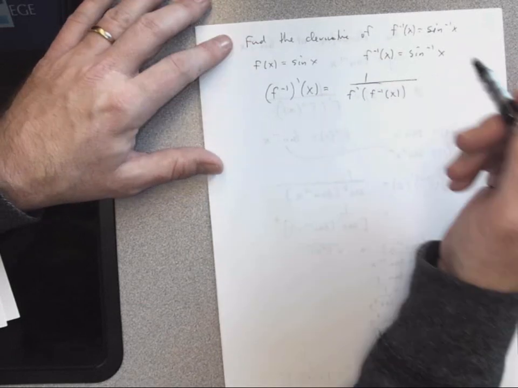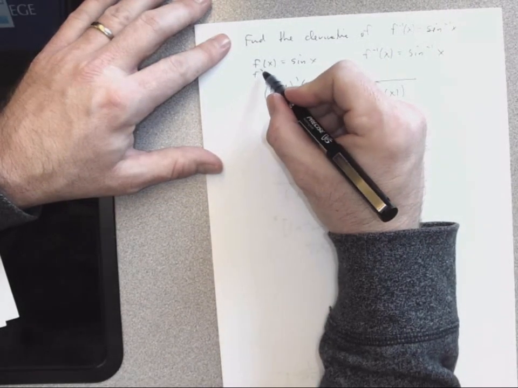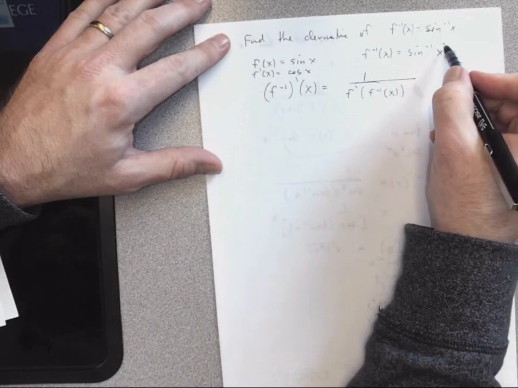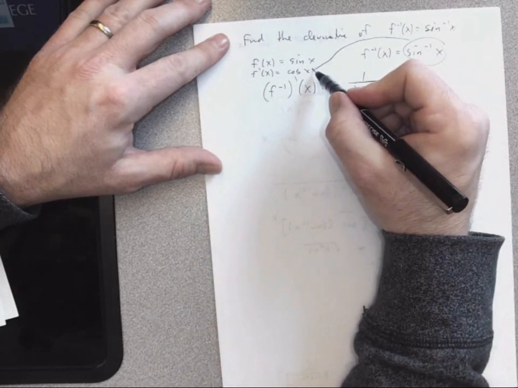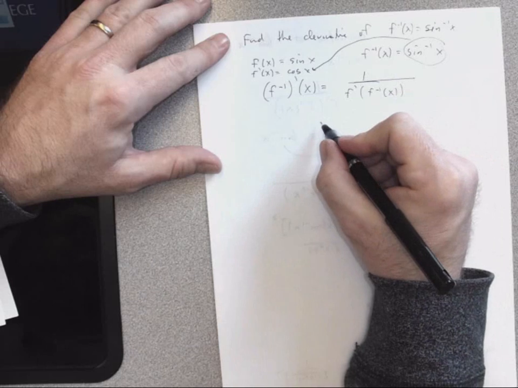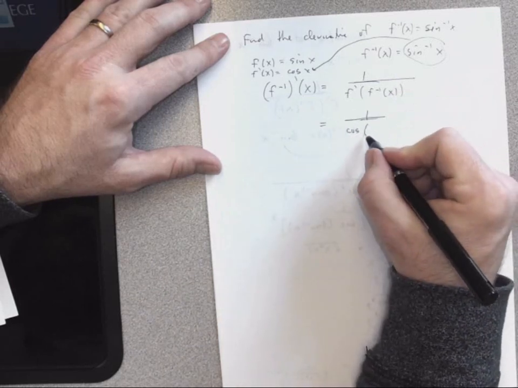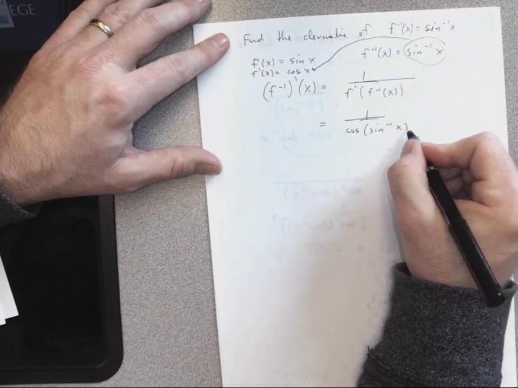So what I need is the derivative. Well, we know that f prime of x is going to be equal to the cosine of x. And that means this function is going to go right there, and it's going to be in our denominator. So this is going to be 1 over the cosine of the sine inverse of x.